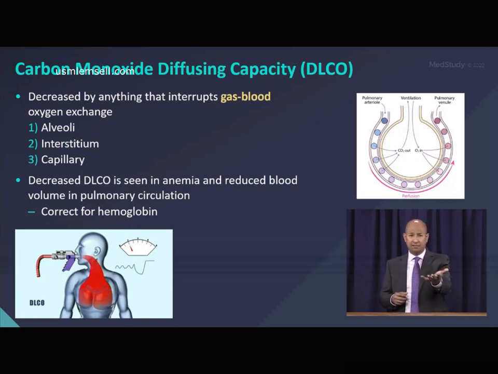Yeah, that's right. It's the hemoglobin. And does hemoglobin like carbon monoxide? Yeah, totally. It loves it. So anytime you have more blood volume, blood contains RBCs, it contains hemoglobin, sure, more carbon monoxide will get picked up. Bottom line point is, correct the DLCO for hemoglobin. It's just a concept you should be familiar with.